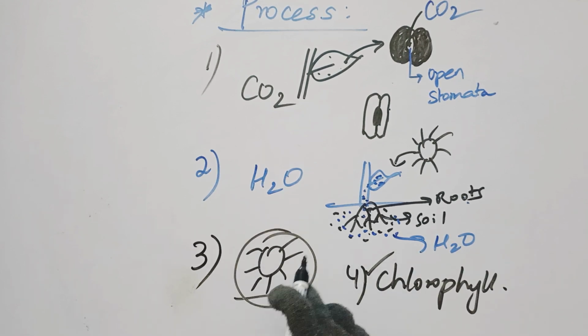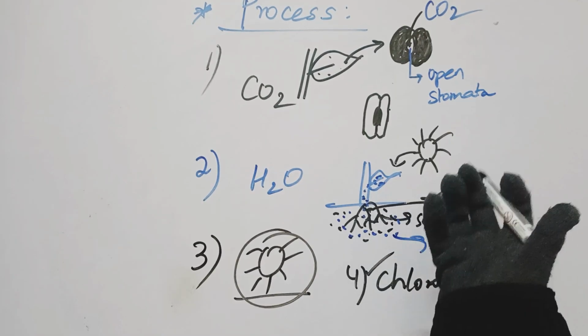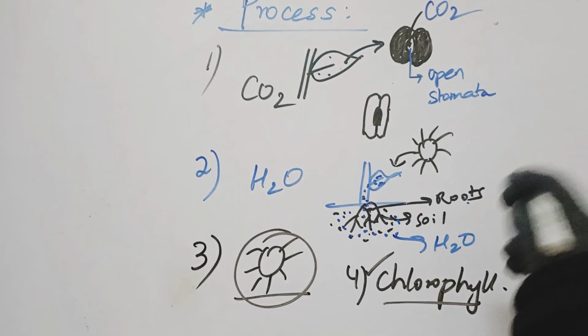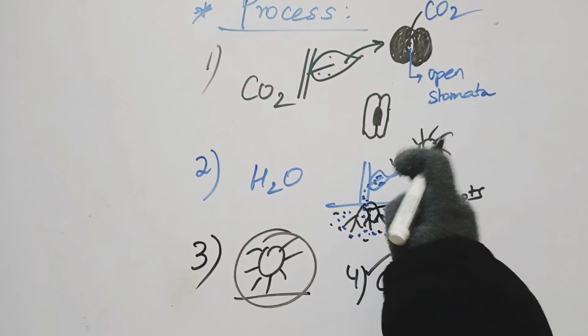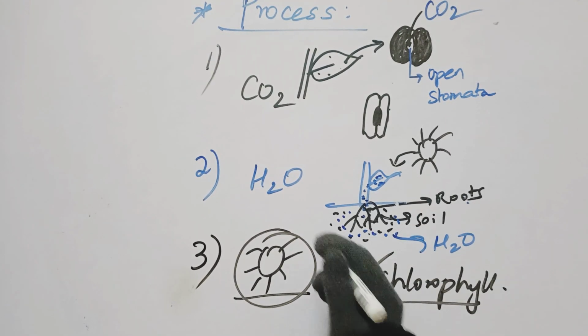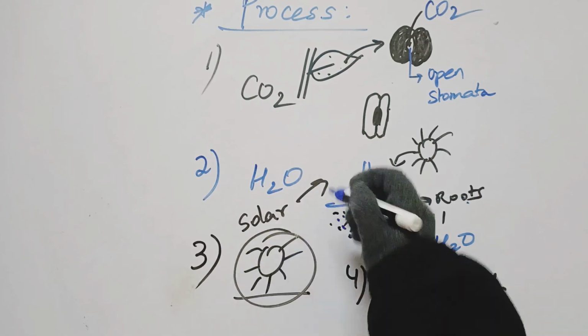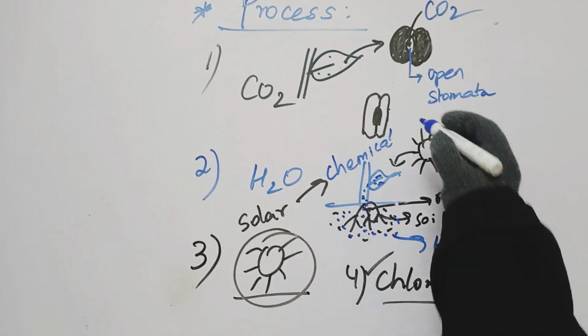Whichever sunlight is falling on the plant, chlorophyll is catching it, and then inside the leaf, in the kitchen of the plant, this solar energy will be converted into chemical energy.